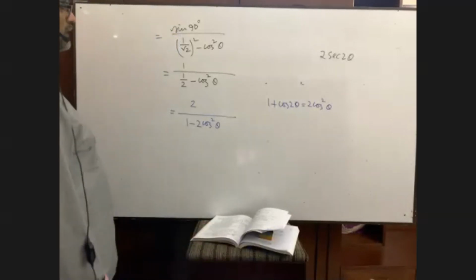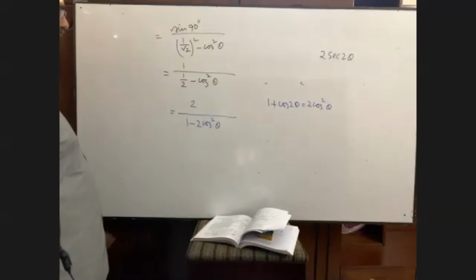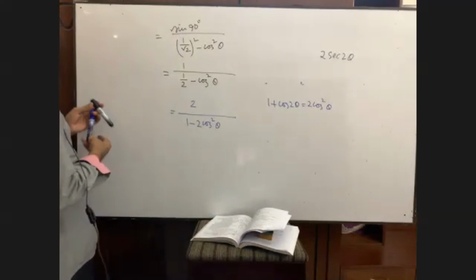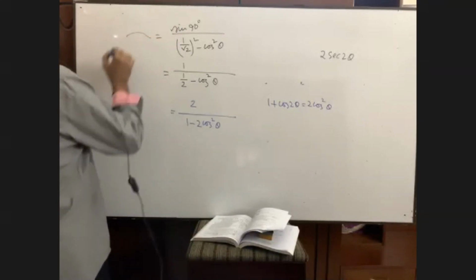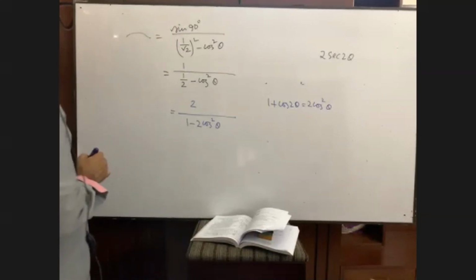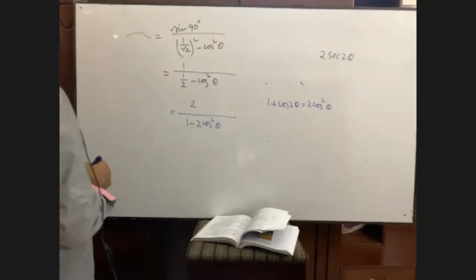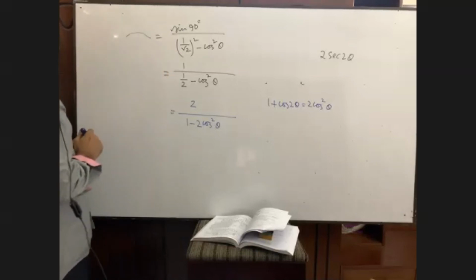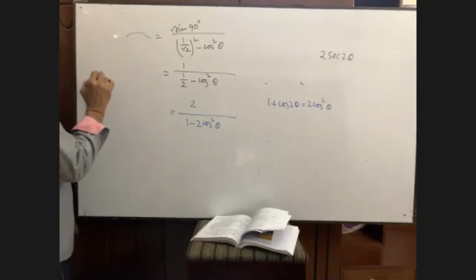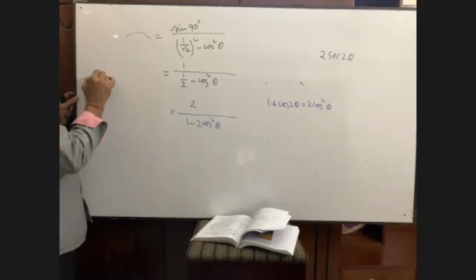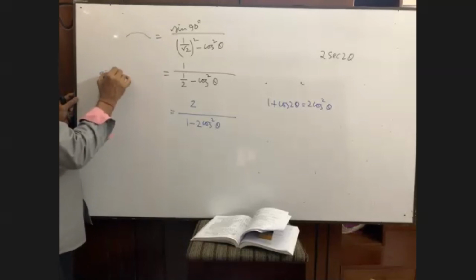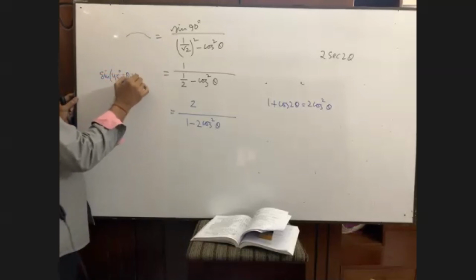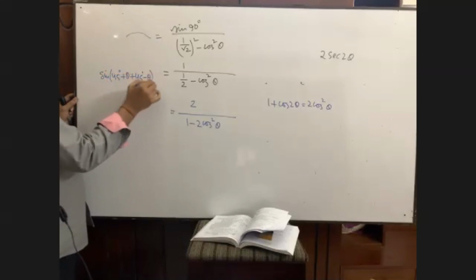Dear students, hello everybody. Yes, sir. Its previous line will be, you write down, sine of 90 degree, 45 degree plus theta plus 45 degree minus theta, right?